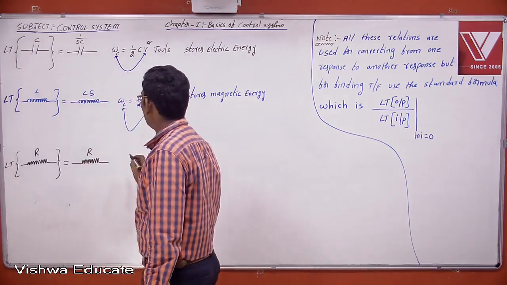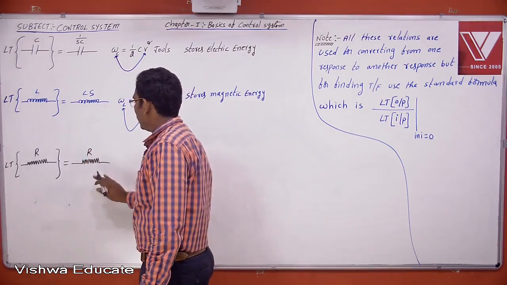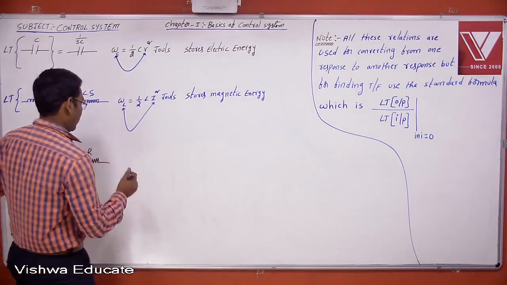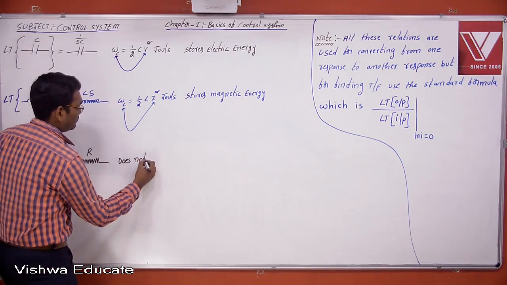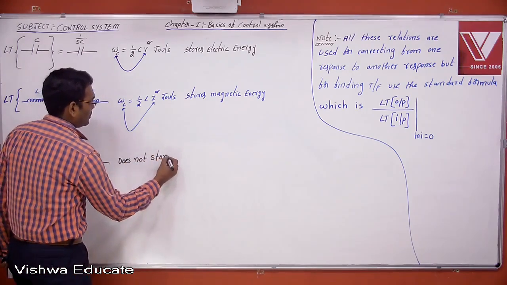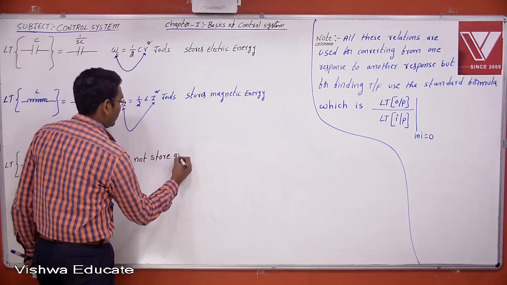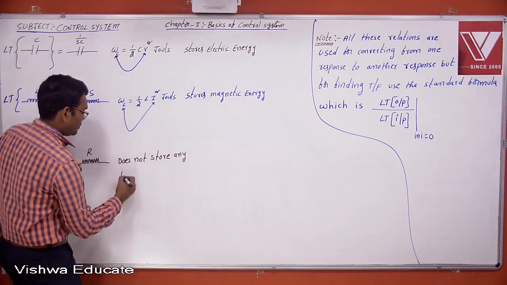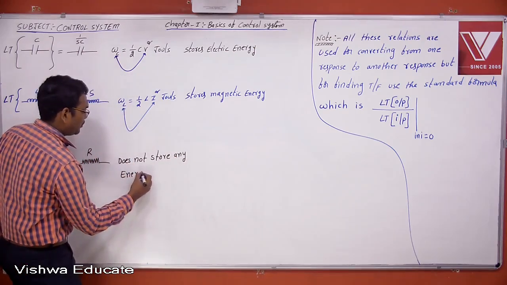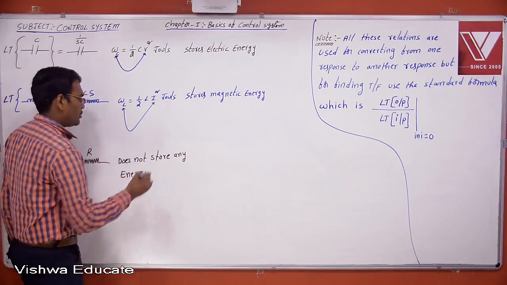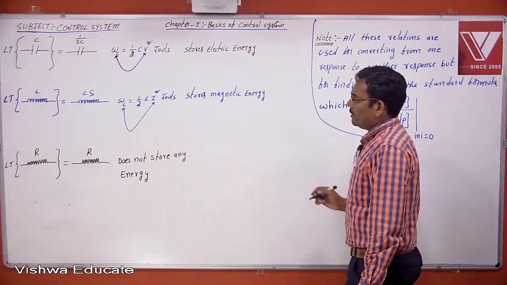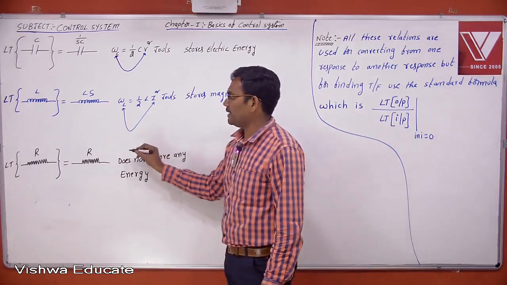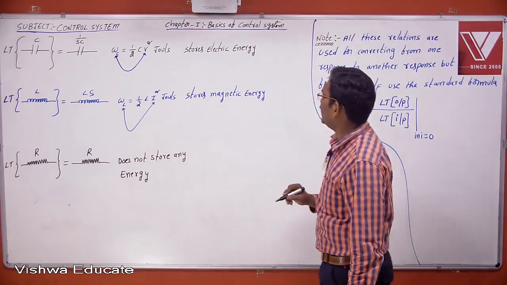The resistor does not store any energy, because it is always dissipative in nature. The behavior of the resistor, whether it is in time domain or s domain, will be the same.